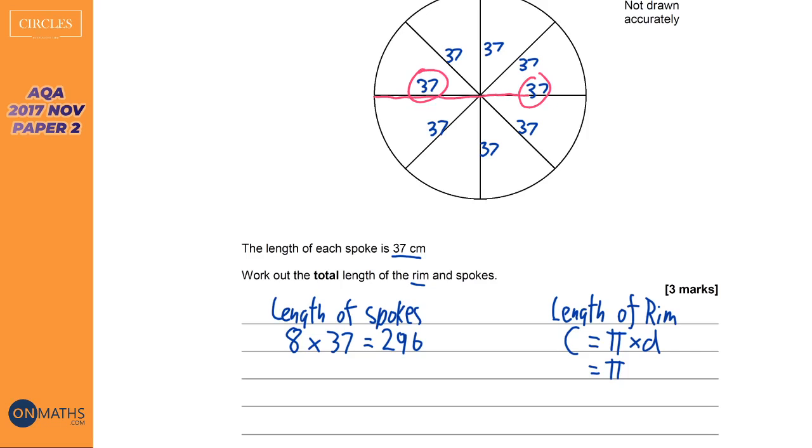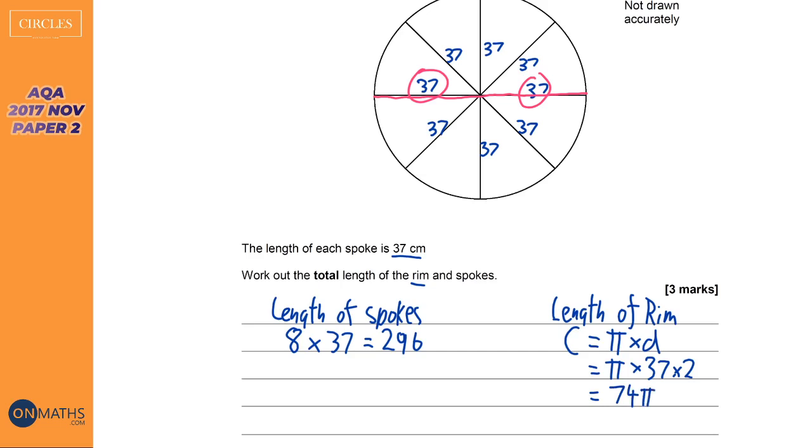The diameter is just 2 lots of that 37, so we're just going to double the radius. I might leave it as it is: 37 times 2, and I can leave that as 74 pi for now.